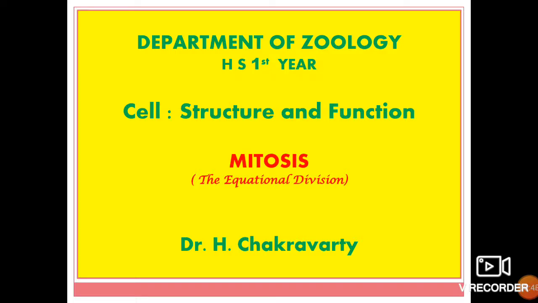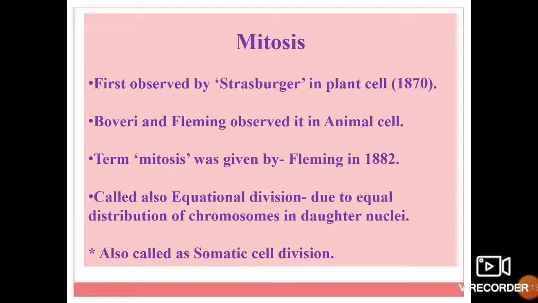The divisional phase is where the cell actually divides into 2 or 4 cells, depending upon whether it is undergoing a mitotic division or a meiotic division. Now, in this presentation, we shall learn about the mitotic division, which is also known as the equational division.